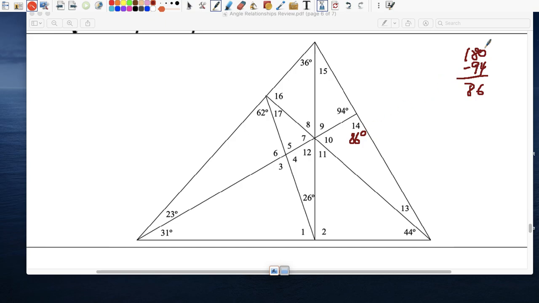Let's do it slower. What else can I find? I don't know. I can't do that. 86. Can't do that either. Got to try, I don't know that one.